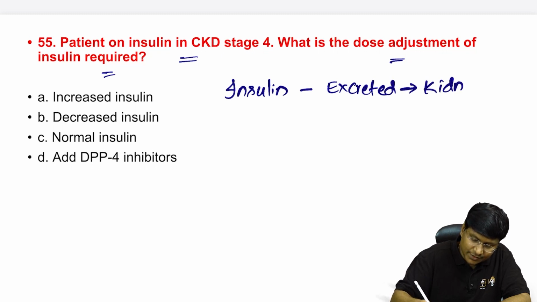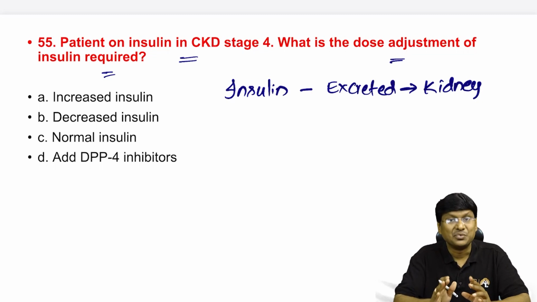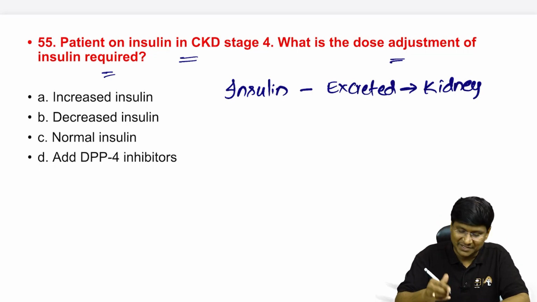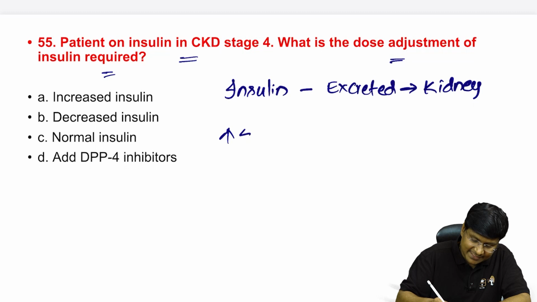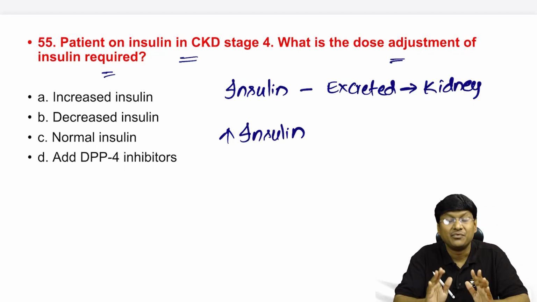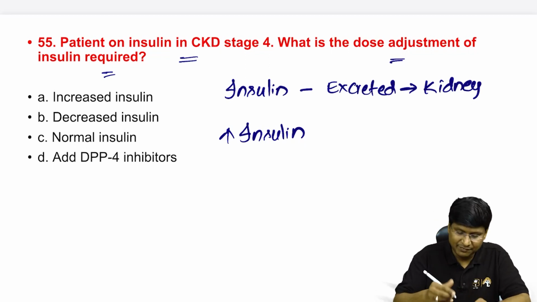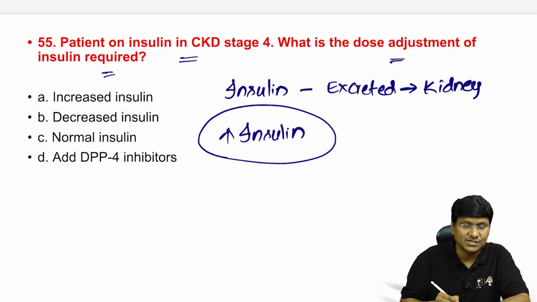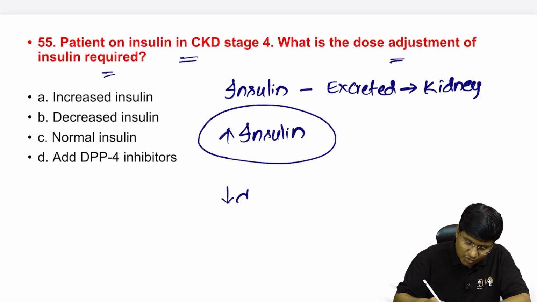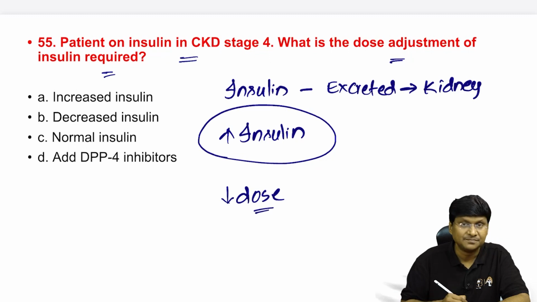Whenever there is renal impairment, the insulin is not excreted out and the insulin level in the body increases. So in chronic renal failure, you need to reduce the dose of the injected insulin.